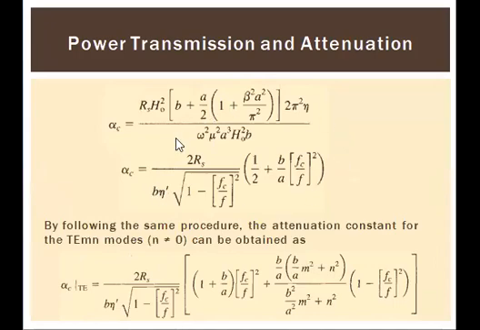After all the calculation, the attenuation will be alpha C equal to this, and by following the same procedure, the attenuation constant for the TEmn mode, that is n not equal to 0, can be obtained as this.